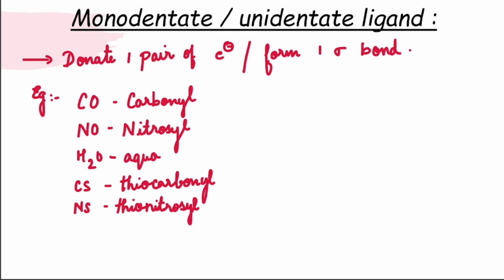So all these ligands, carbonyl, nitrosyl, aqua, CS, NS, are neutral unidentate ligands. Okay, these are neutral.